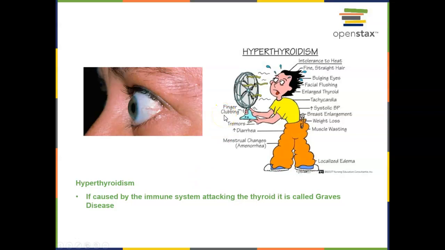But if your thyroid gland is being stimulated constantly by these antibodies, that can lead to another goiter. It's typically smaller than an iodine-associated goiter, but it's still an enlargement, a swelling of that endocrine organ.